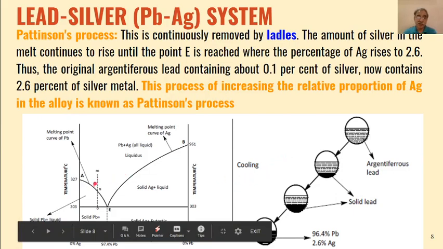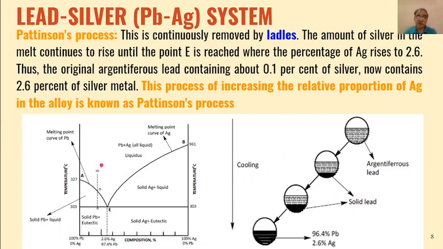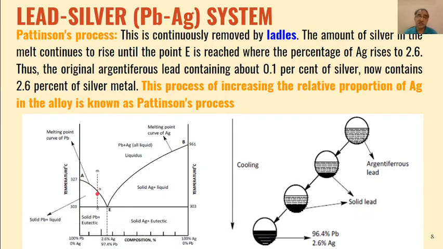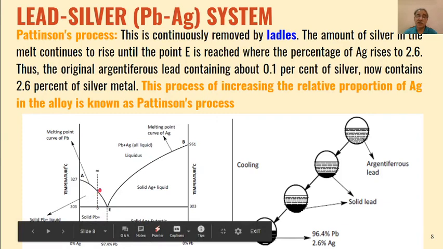So you can see this was point M where both lead and silver are present in the liquid form. As we move from M to N, at constant concentration, the temperature is reduced. At this point the lead will start separating out from the mixture. When lead separates out, the concentration of lead decreases in the mixture and the concentration of silver in the solution increases.